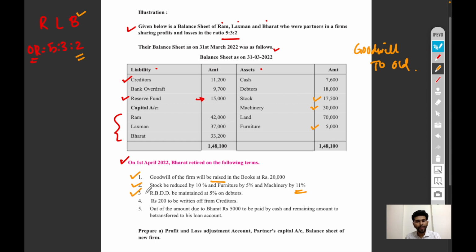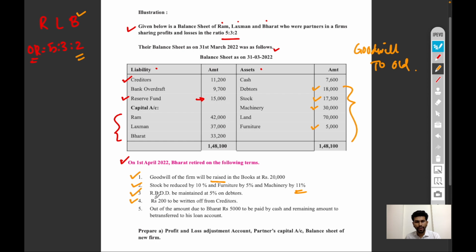The reserve for bad and doubtful debts be maintained at 5% on debtors. There is adjustment in debtors also. So 5% will be reduced from debtors, and the second effect of all the entries will be on the revaluation account debit side.